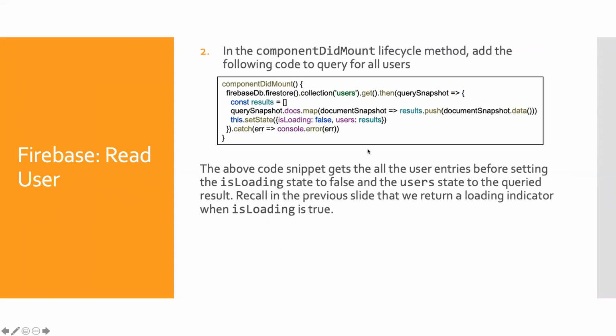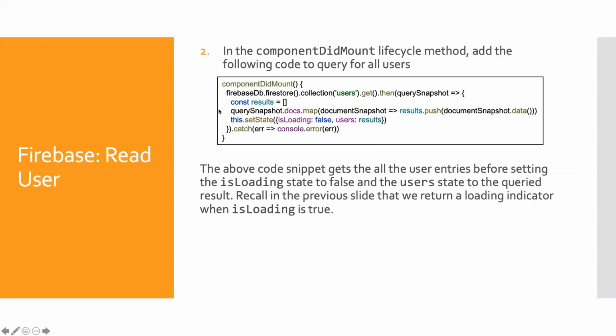In this case, we'll have to use the componentDidMount lifecycle method because we want the component to fetch the users from the database once this component has appeared on the screen.